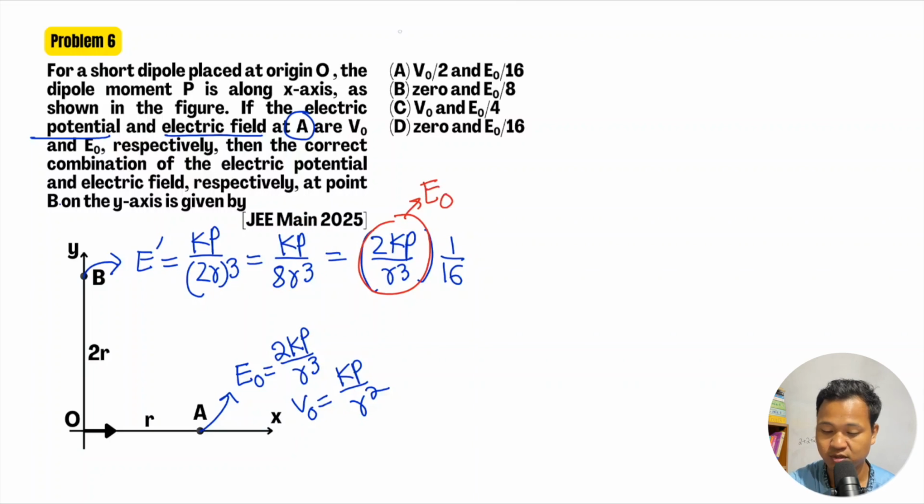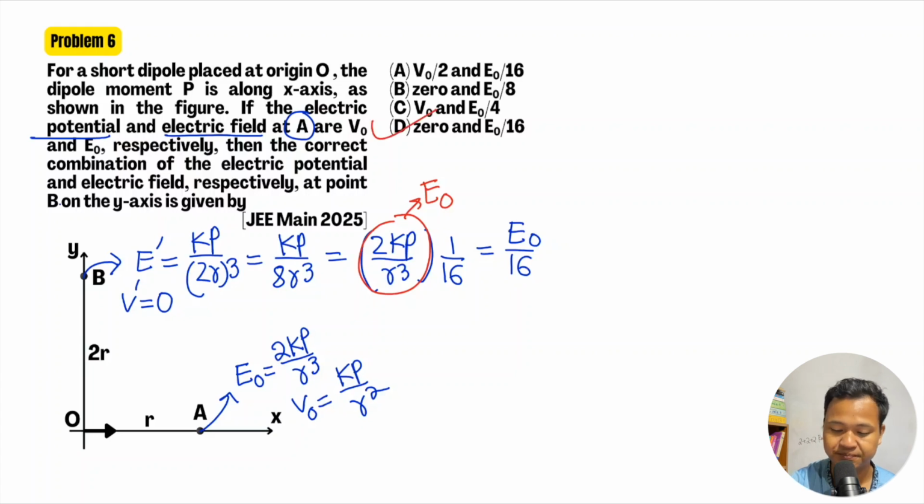Therefore the field is E naught divided by 16. The potential at an equatorial point of a dipole is 0, so V dash is 0. So the potential will be 0 and the electric field will be E naught by 16.